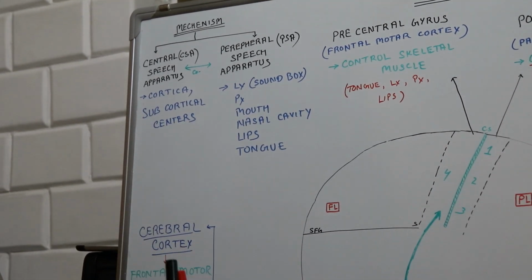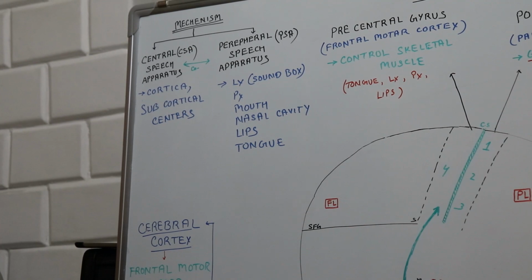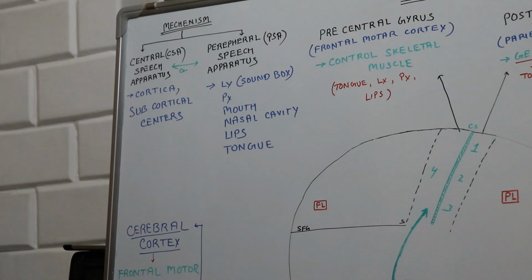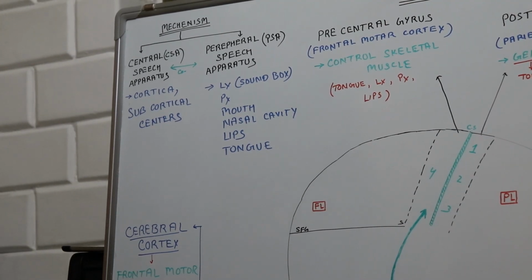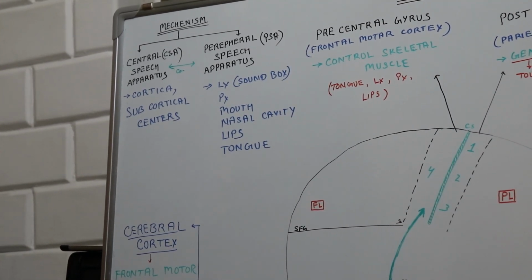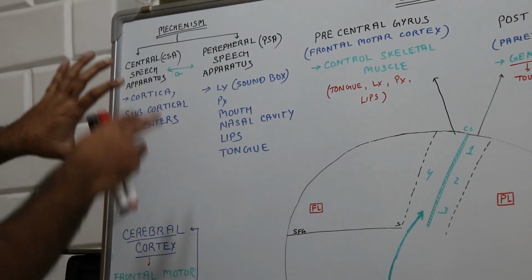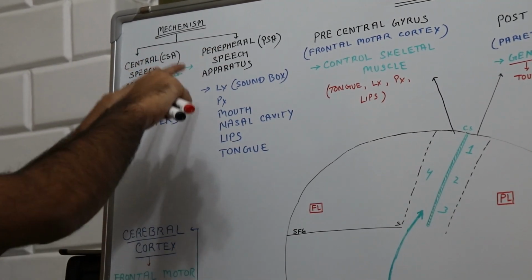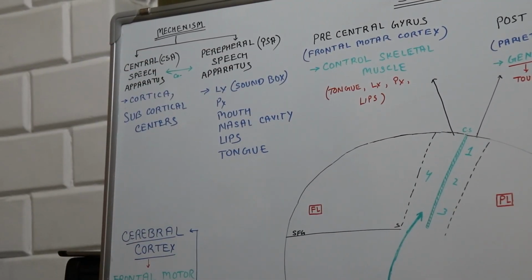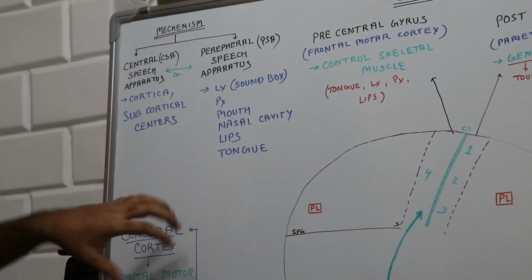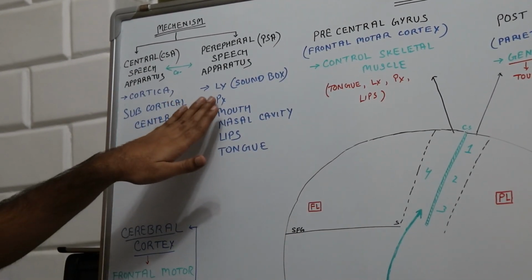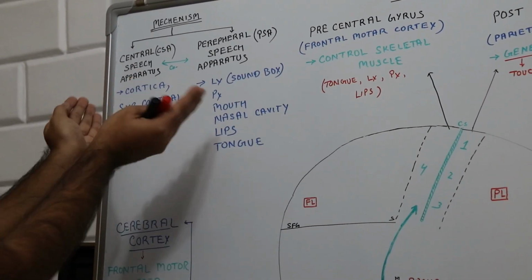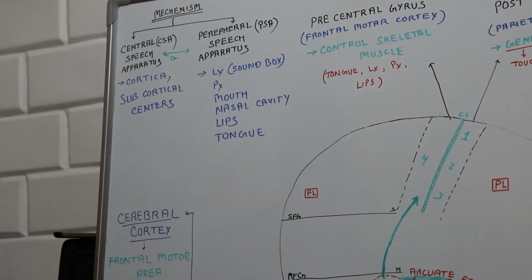The cortical center consists of some areas present in the cortex, and the subcortical center includes the substantia nigra in the basal ganglia and the cerebellum. In the peripheral speech apparatus, all the information is coordinated here, and after this you have to perform the function. With the help of the peripheral speech apparatus, you perform speech: larynx, pharynx, mouth, nasal cavity, lips, tongue. So they both work in a coordinated manner.